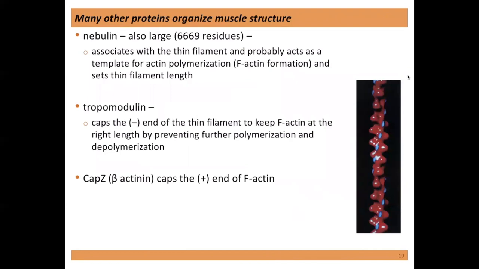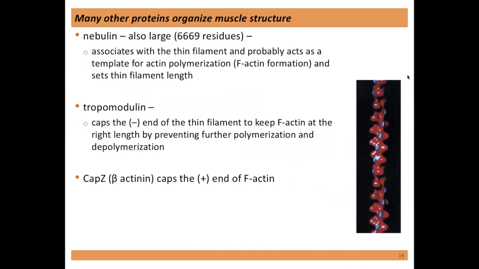So you've got additional proteins here and additional proteins here. There's another big protein, nebulin, associated with the thin filaments, and likely acts as a template for the actin polymerization. Remember, we have to build up the actin from individual G-actin units. And this nebulin is likely a template, so it sets the thin filament length. You don't want it to get too long.